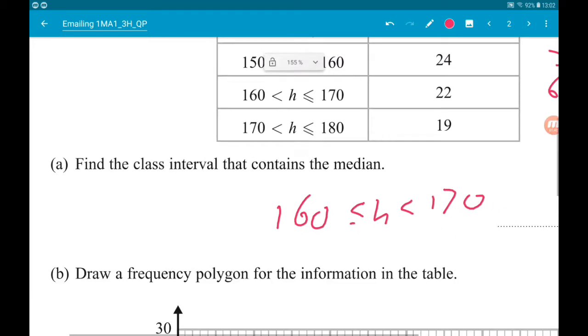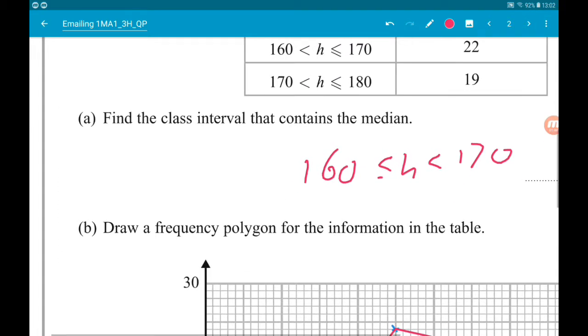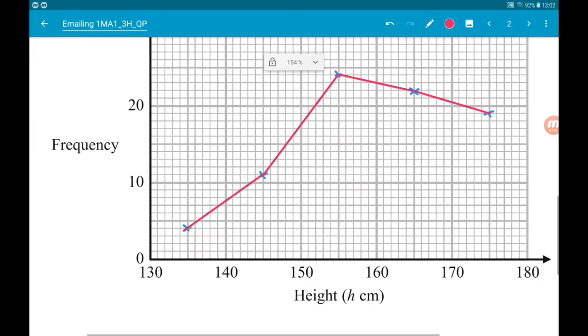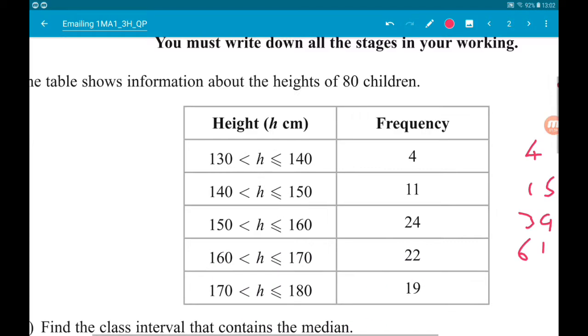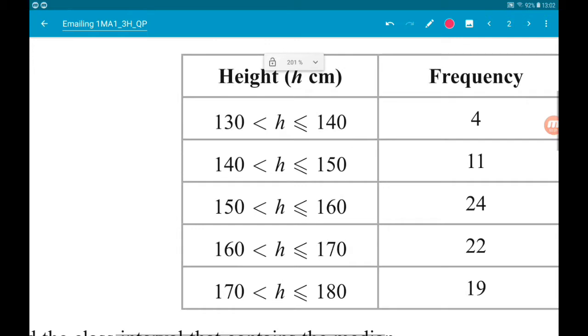Okay, then part B wants us to draw the frequency polygon to represent this data. So, frequency polygons, spoilers, look like this. So you need the midpoint of each interval, that's your x coordinate, and your y coordinate is the frequency.